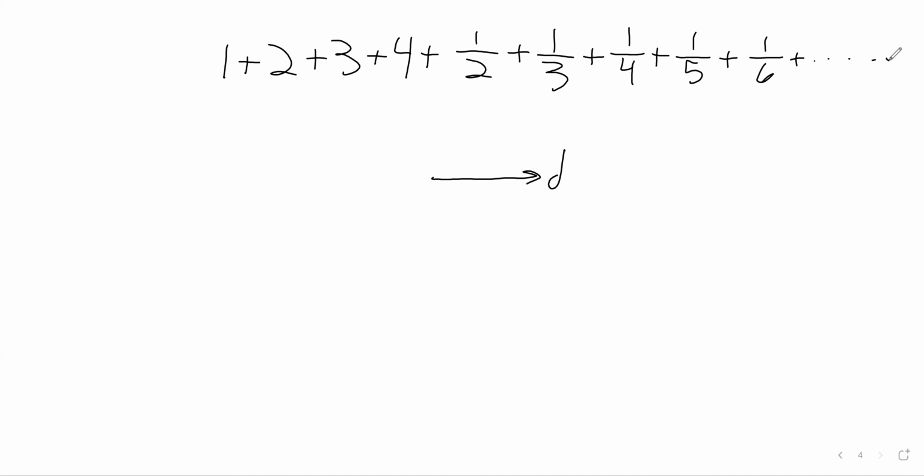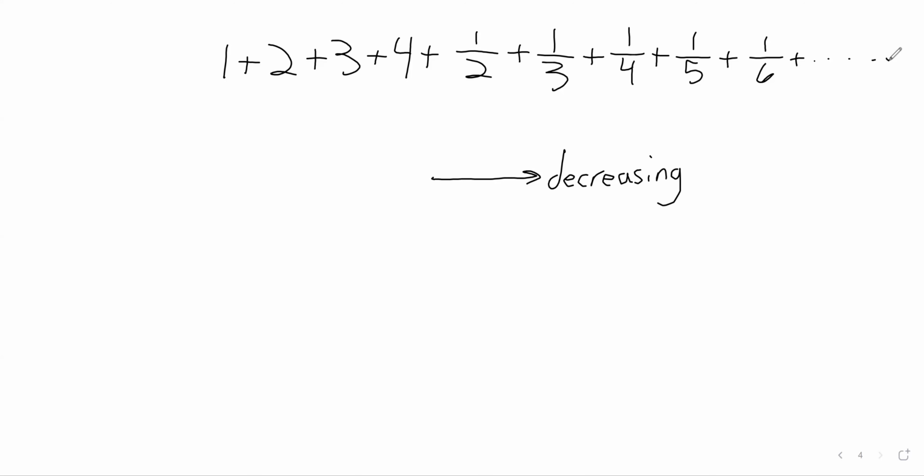But the convergence test we want to use says that from left to right, these terms need to decrease, otherwise we can't use the test. Well, they're not. 2 is bigger than 1, 3 is bigger than 2.